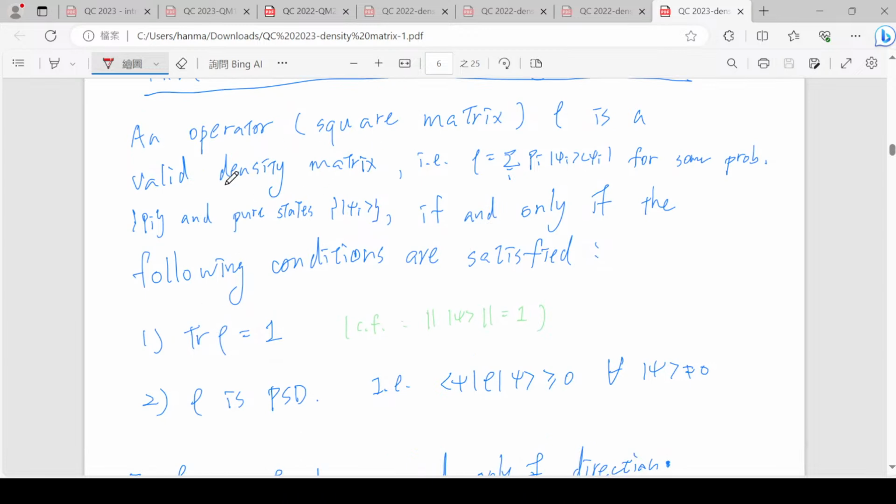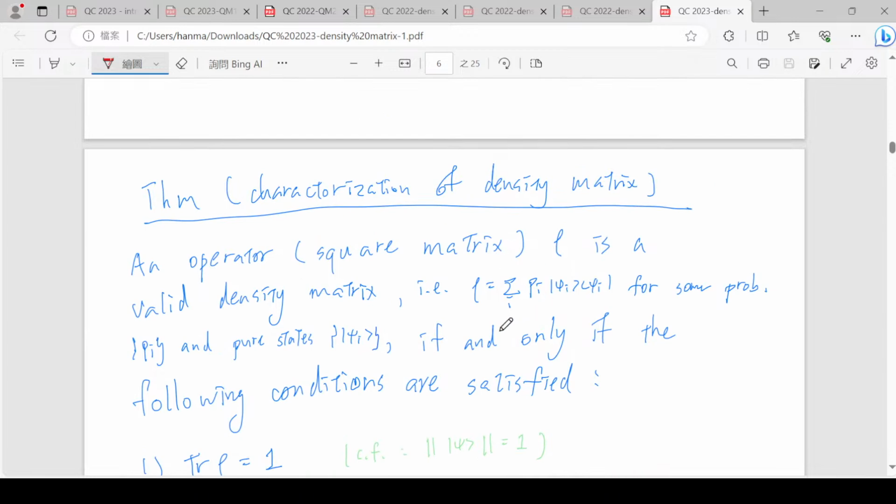It turns out that a matrix is a valid density matrix if we only need to check these two conditions. First, the trace of your matrix is 1, and second, your matrix is PSD, positive semi-definite, meaning that if you take a sandwich of it between any vector psi, it should give you a non-negative number. Okay, so you need to check those two things, and then you are a valid density matrix.